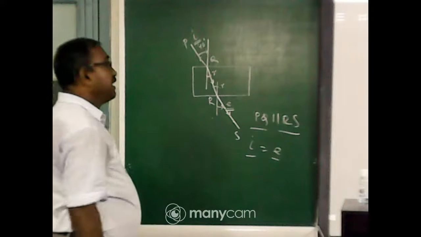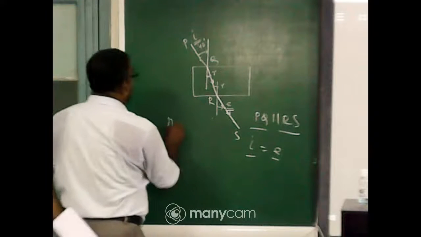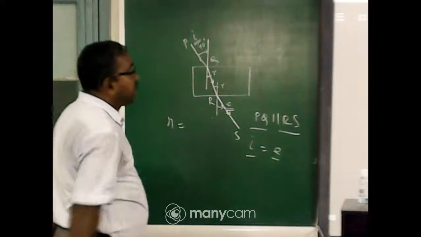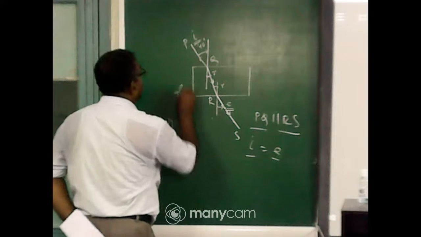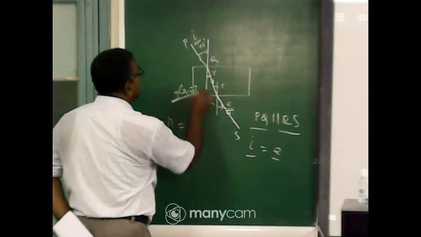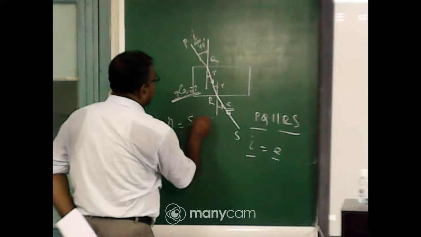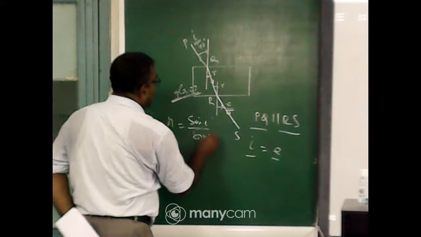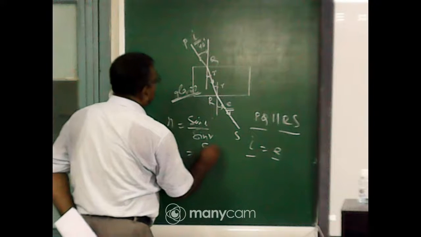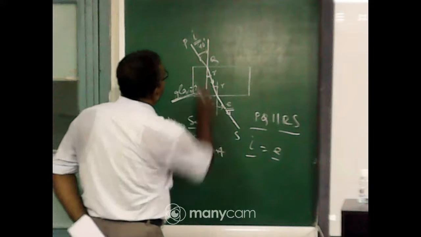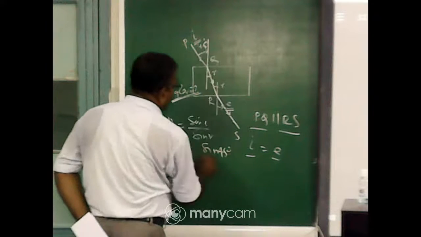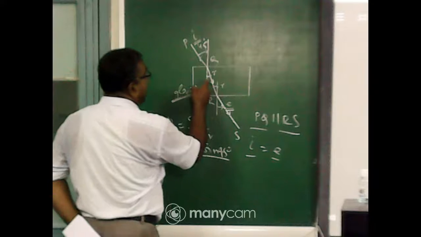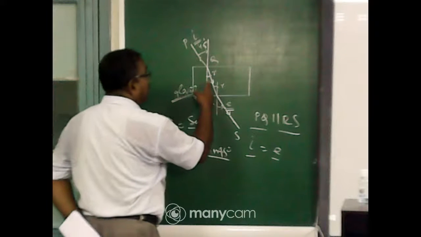Okay? Next, you find out the refractive index of the glass. This is the glass. Sin i by sin r. So for sin i, you know this angle is 40 degrees or 45 degrees. You choose 45 degrees, and you measure the angle of refraction with the help of the protractor.